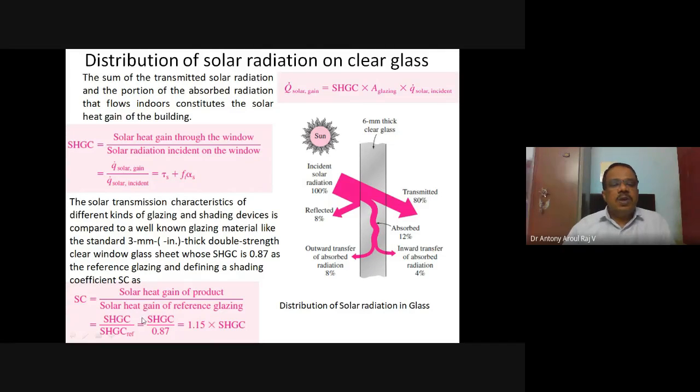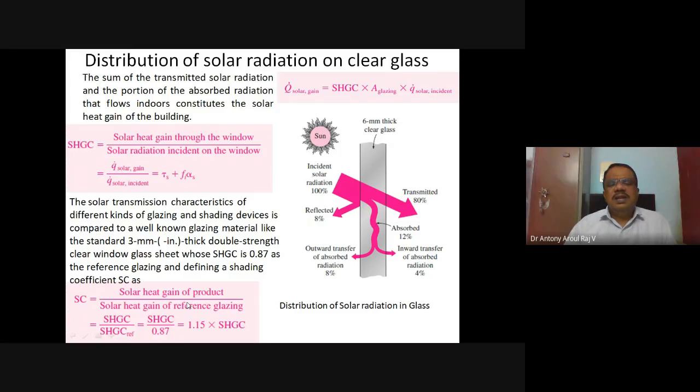So I have SHGC divided by 0.87, so it is 1.15 into SHGC. This will tell you how much radiation will be entering into the building compared to a standard glass material.